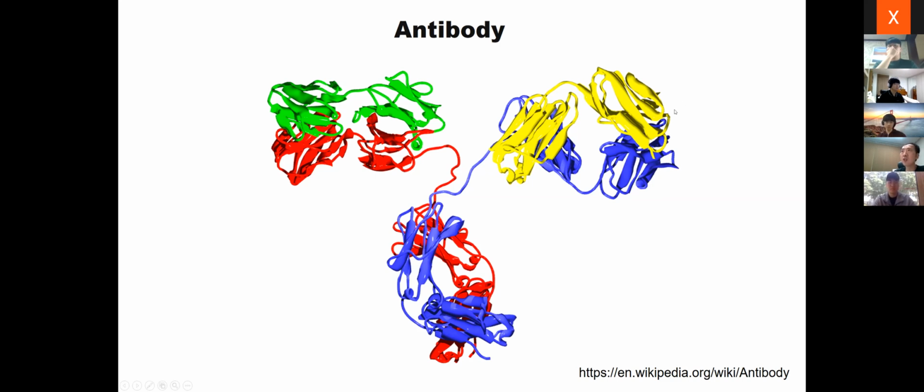The light chains are also identical. This is the so-called immunoglobulin. Molecular weight is about 150 kilodaltons. This is very easy to memorize because the whole structure is almost 1/3, 1/3, 1/3. If everything is 150 kilodaltons, then this part is 50, this part is 50, this part is 50.